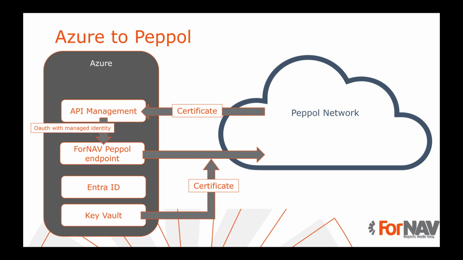That's a certificate that we have obtained from the Peppol network. They have given it to us. We store those certificates inside our Key Vault, and whenever they are needed, we fetch them from the Key Vault, again with the Azure Managed Identity, so nothing can actually access our Key Vault to steal the certificates. Next slide, Michael.